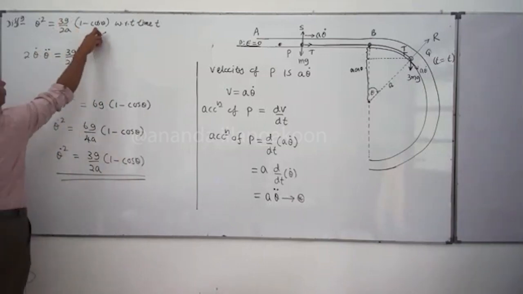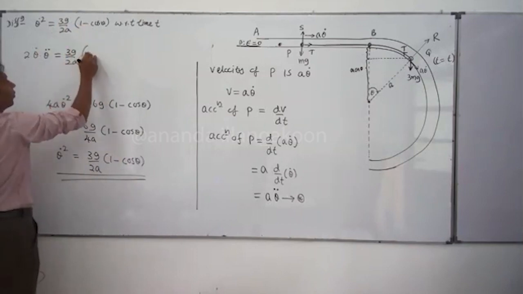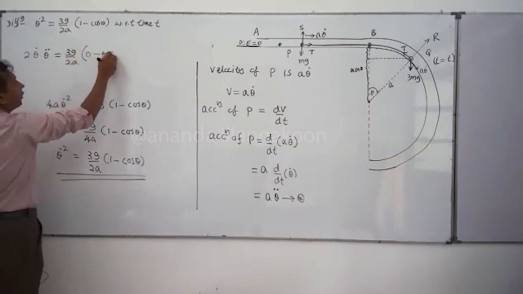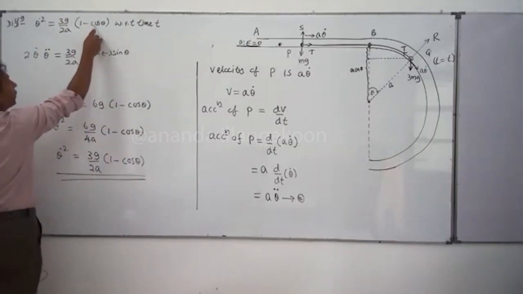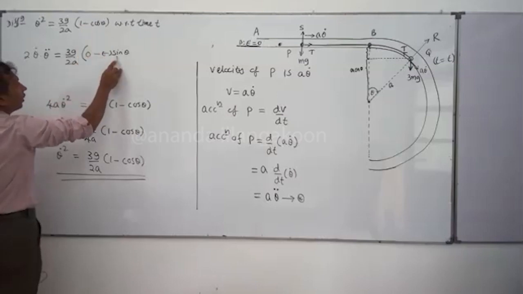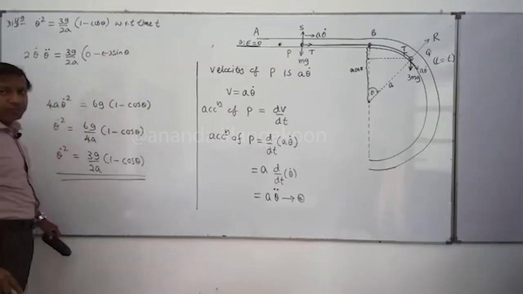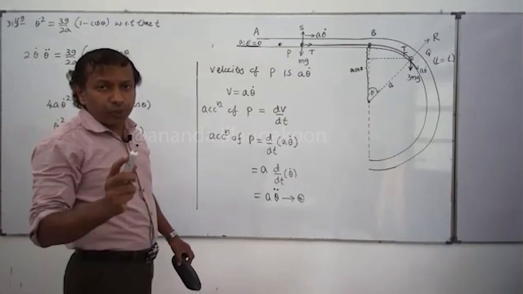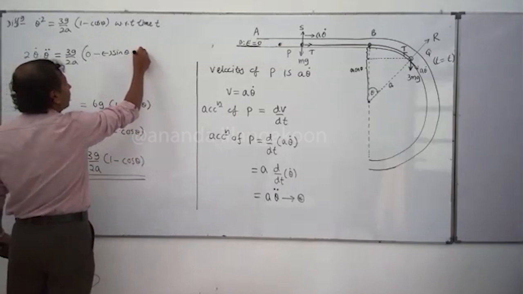Now we differentiate this bracket. When you differentiate the 1, it's 0 because it's a constant. Now differentiate cos theta, we get minus sine theta. Since we differentiate with respect to t, that should be multiplied by the derivative of theta with respect to t, which is theta dot.